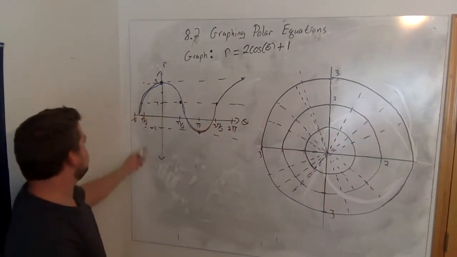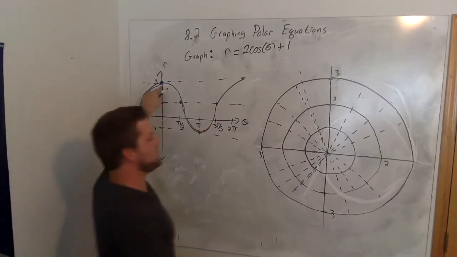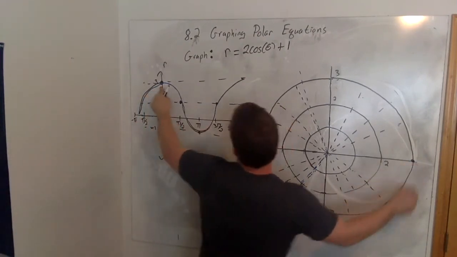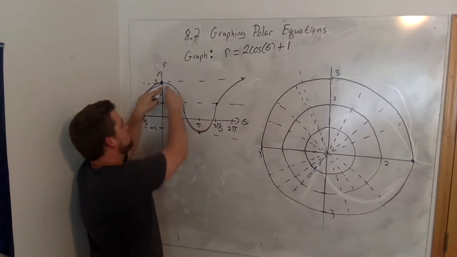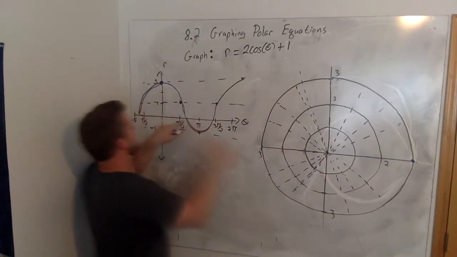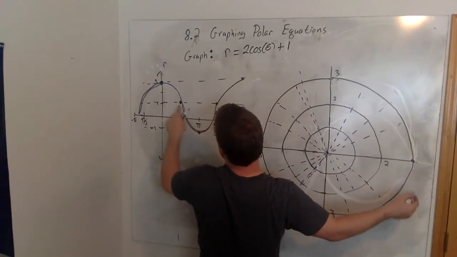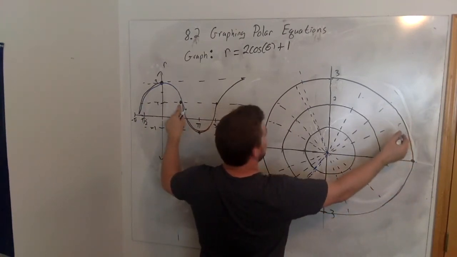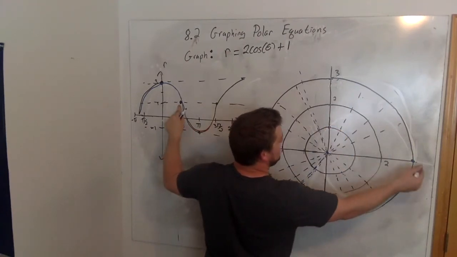If we started at 0 radians, we'd have a radius of 3. And as we go a little bit past pi over 2, we're going to be at the origin right here. Right at pi over 2, it'll be at 1. This will help guide us.